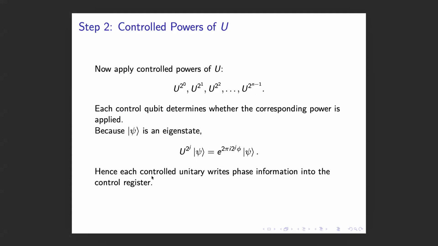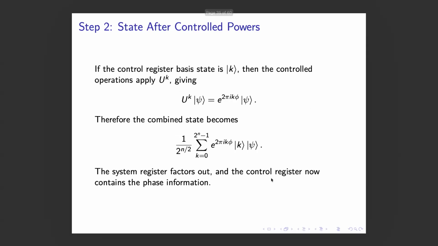This means that each controlled unitary writes phase information into the control register. So if the control register basis state is K, then the controlled operations give us this. And that means that the combined state becomes something which looks like the quantum Fourier transform, because this factor which we have here is essentially what we also had in the Fourier transform.